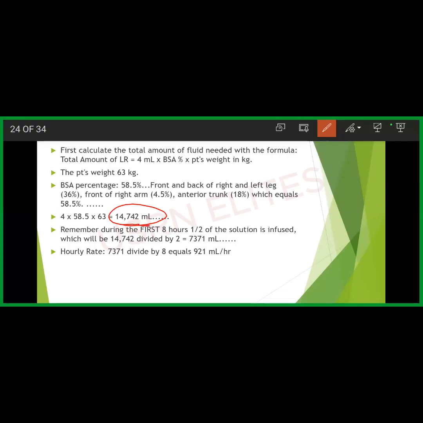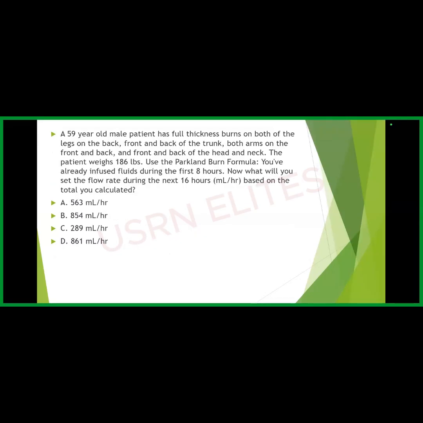So you divide by 16, then you also know the flow rate for that one, after the first 8 hours. The next 16 hours, you know the flow rate too, depending on what they want you to calculate. Let's try this one too and see.